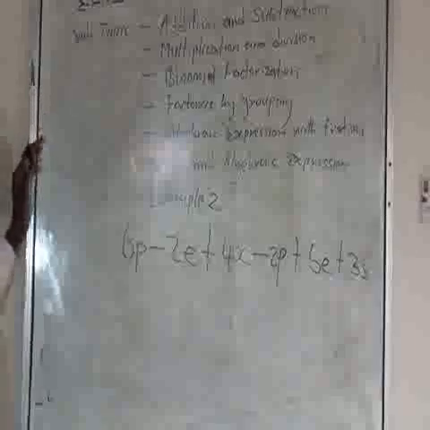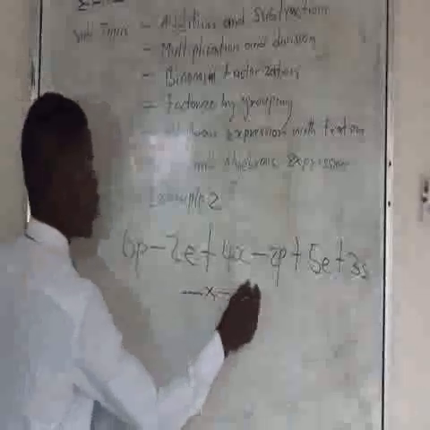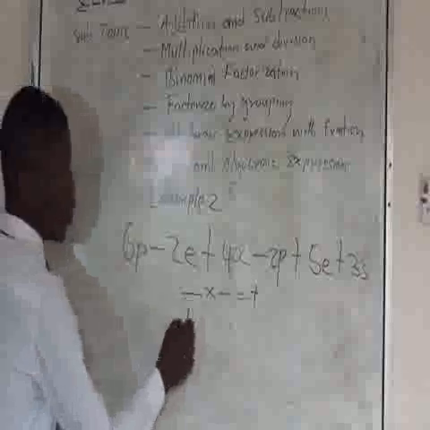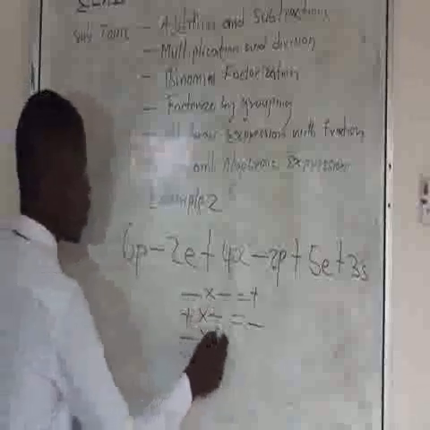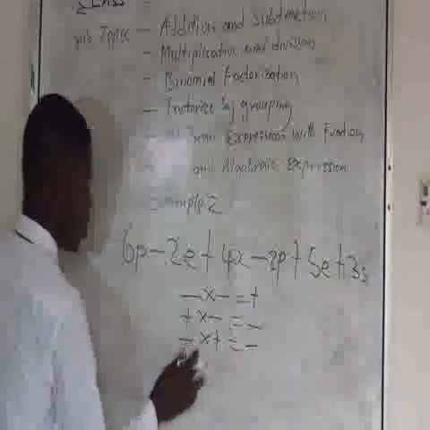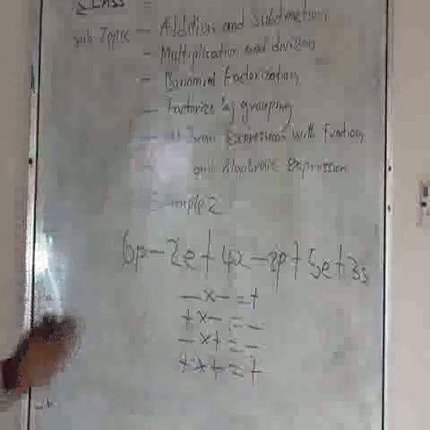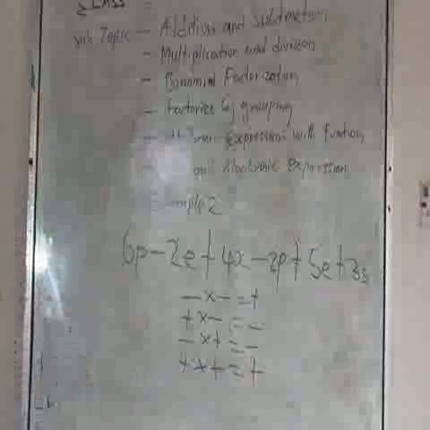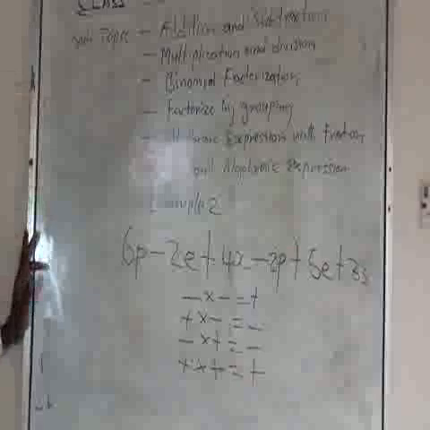Please note, during our JS1, JS2 works, we used to hear what we call minus times minus equals to plus, plus times minus equals to minus, minus times plus equals to minus, and plus times plus equals to plus. With the edge of this will help us to solve this arithmetic simple as A, B, C. So let's solve now.